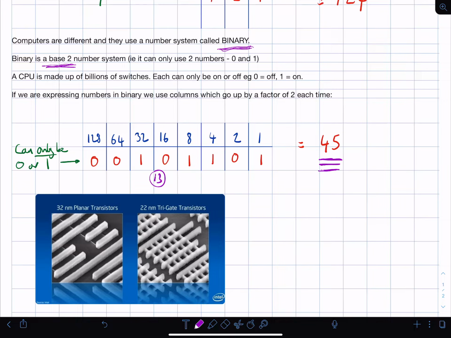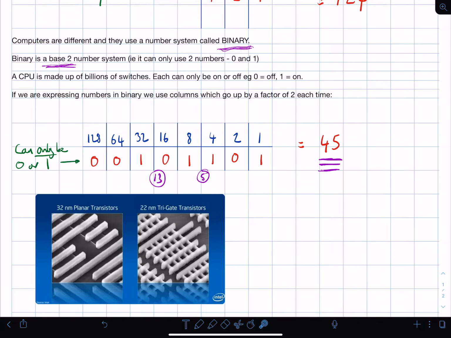We go to the next column and think, how many 16s can we fit into 13? None, so we put a 0. We move to the next column. How many 8s can we fit into 13? Well, we can fit 1 in, so we put a 1 in this column, and we take the 8 from the 13, which leaves us with 5. So we move to the next column.